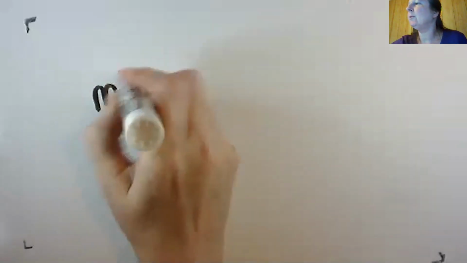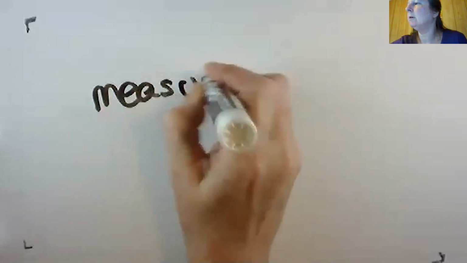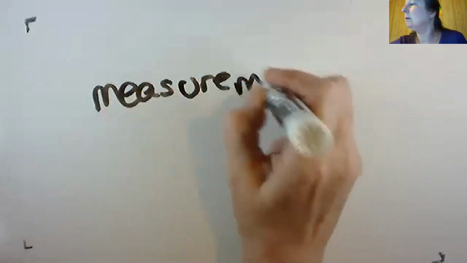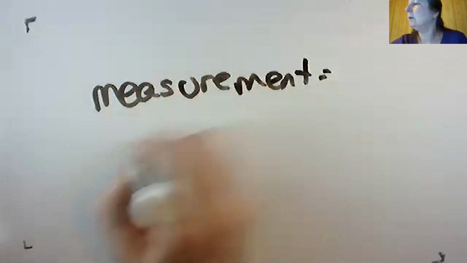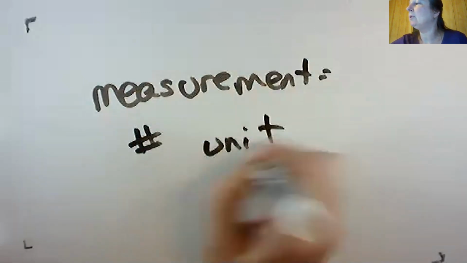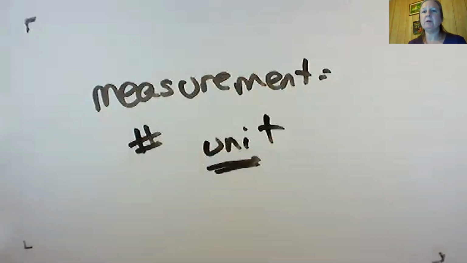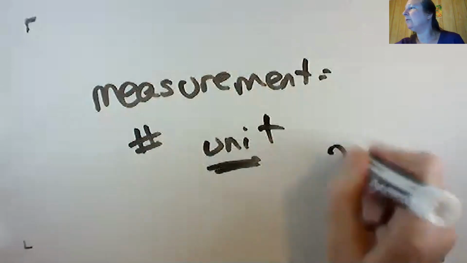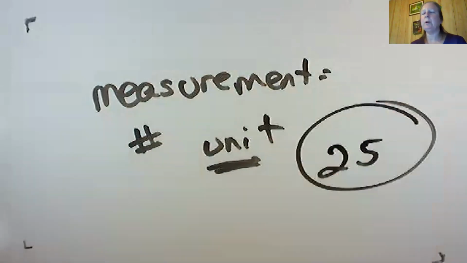So this is really critical. A measurement is a number and a unit. If you give me just a number, it's useless. If I give you 25, hi, there's 25. Are you excited?